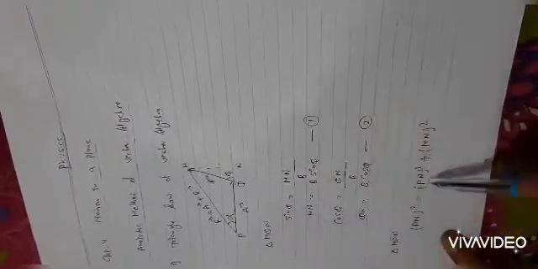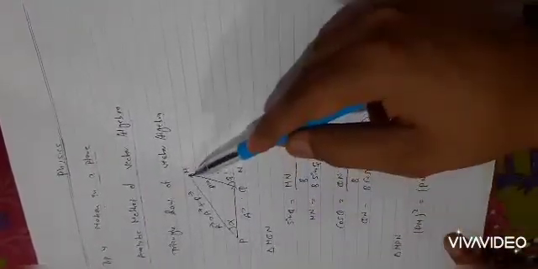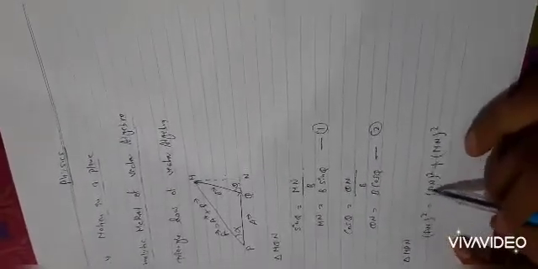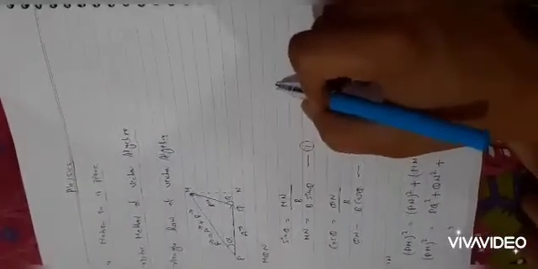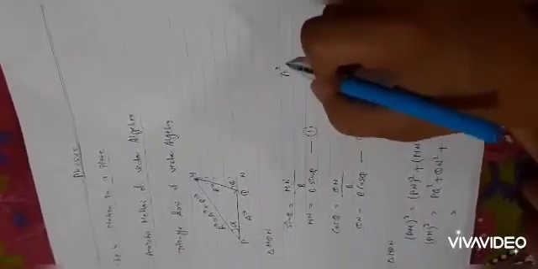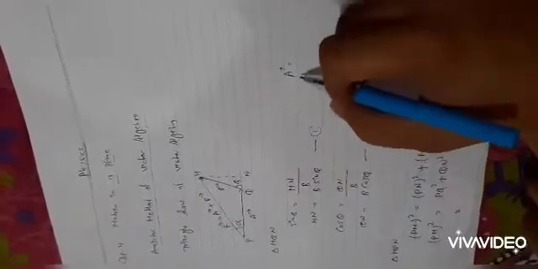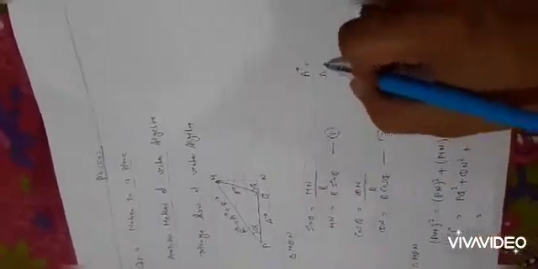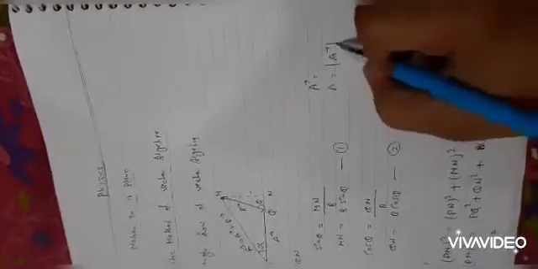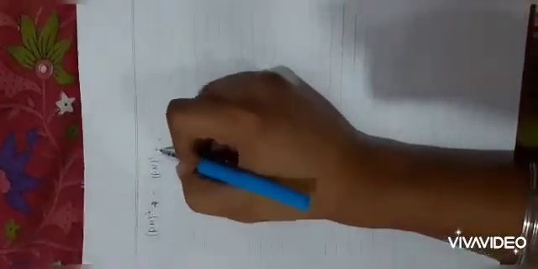So the hypotenuse is PM, so PM square; the base is PN, so PN square; and the length is MN, so MN square. If I am writing only A, that means the magnitude of that vector.